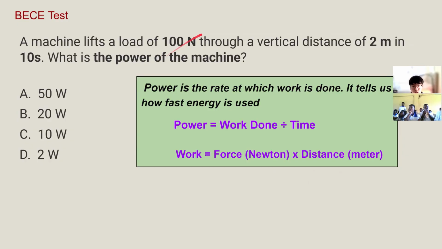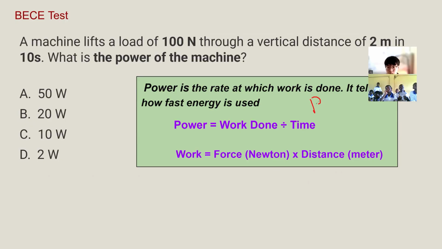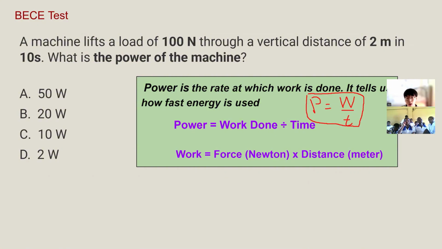This might be a little difficult, but if you think about it, remember P equals work over time, W over T, right? So this is the equation. But we are not given work explicitly here, so we need to calculate work, right?